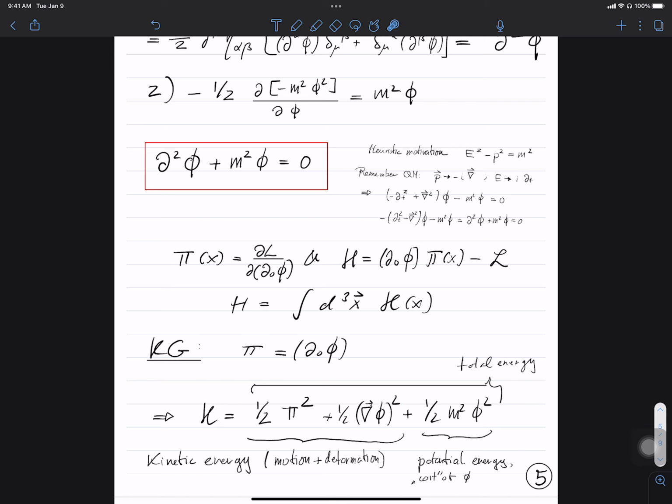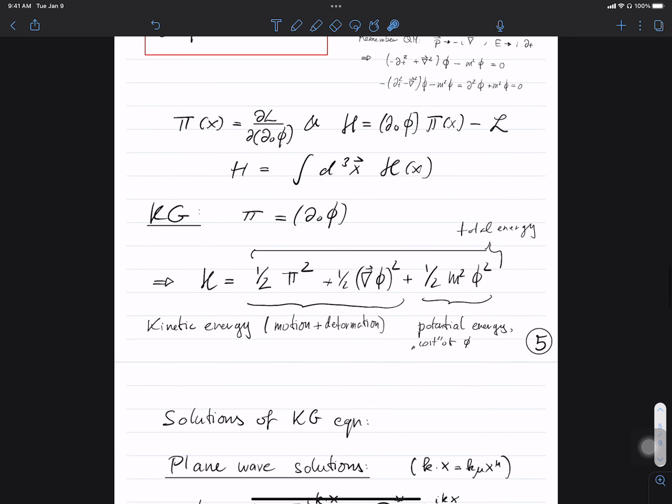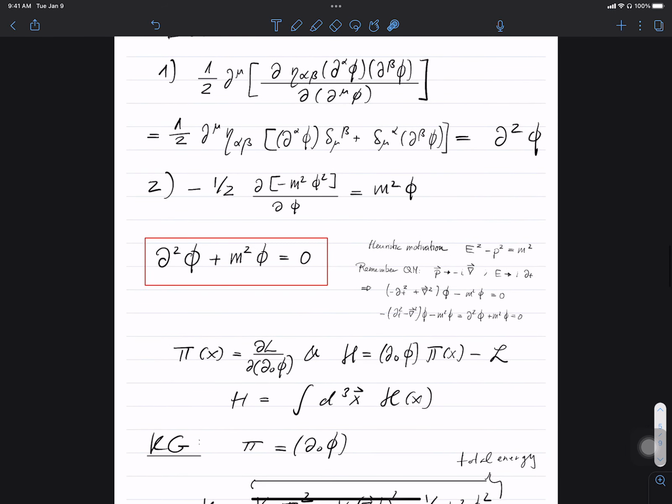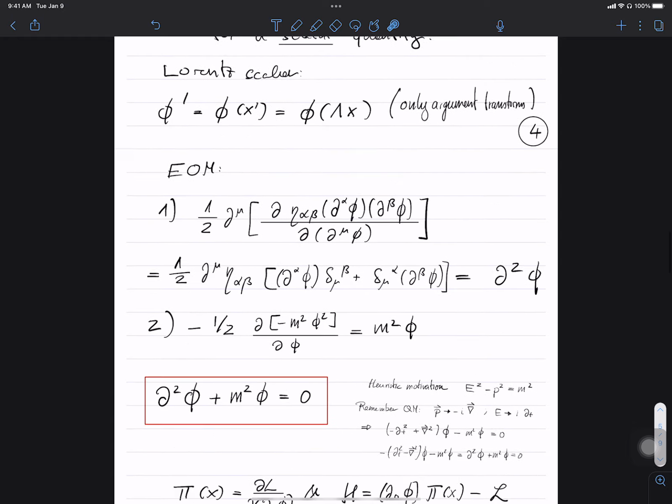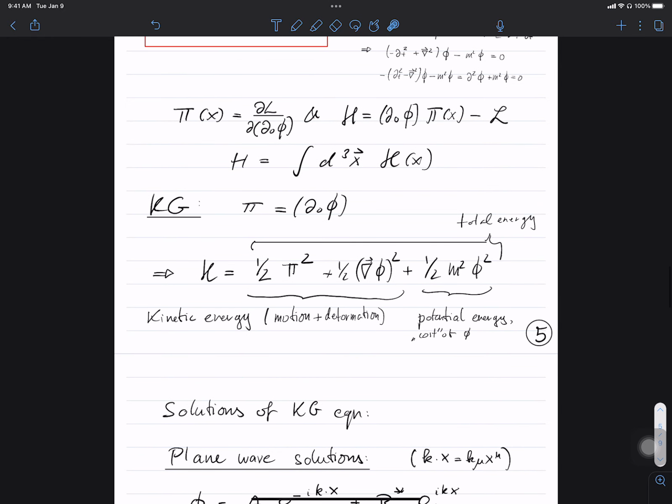And the Hamiltonian is analogously defined by the time derivative of the field multiplying the canonical momentum, subtracting the Lagrangian. So doing this exercise with the Klein-Gordon equation up here, we can convince ourselves that we get this equation here. We did it on the whiteboard.